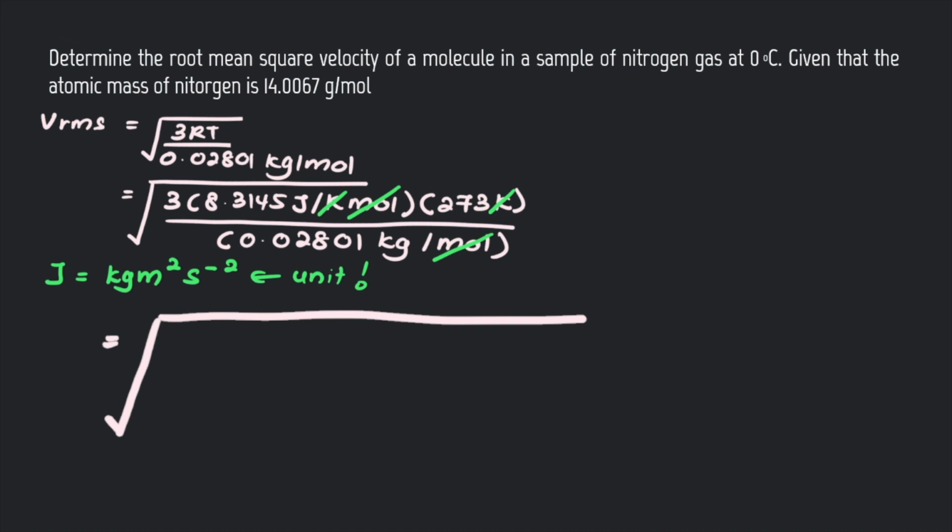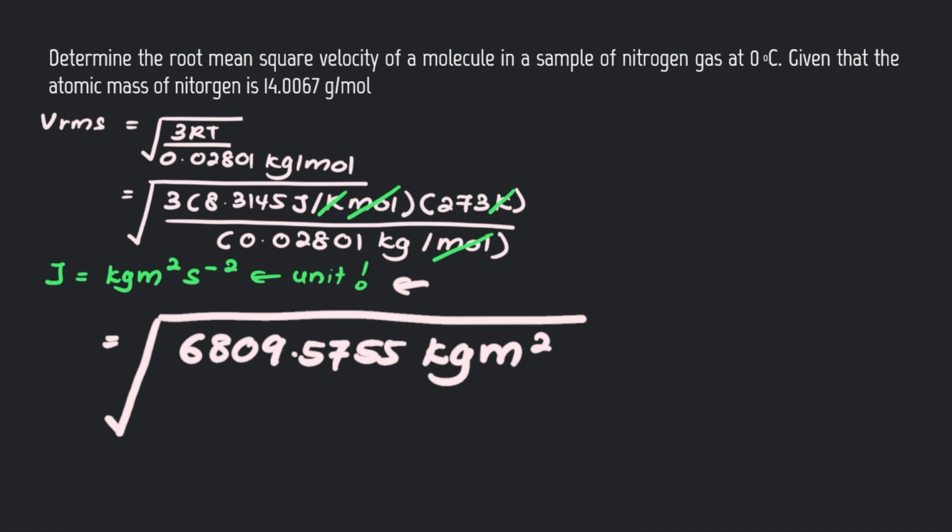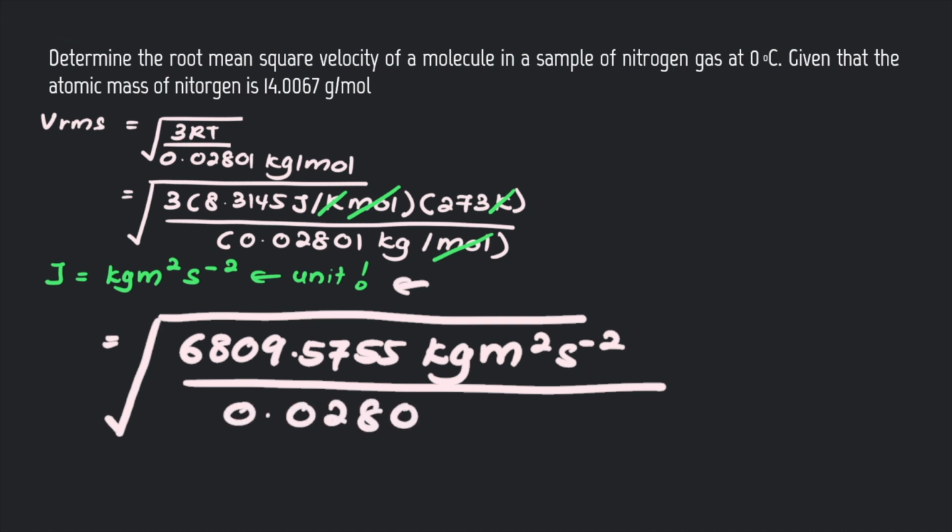So we need to calculate this, and you will get 6,809.5755. It should be in joule, but then we are going to convert it into kilogram meter square per second square, divided by 0.02801 kilogram. Right.